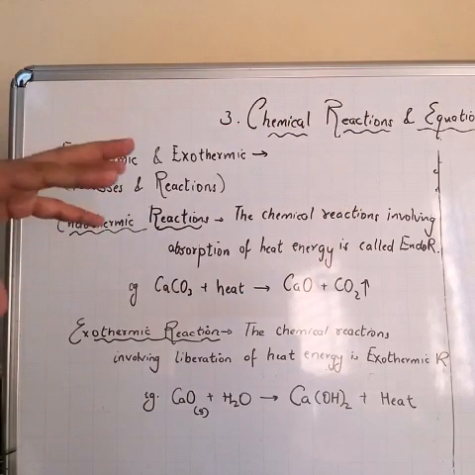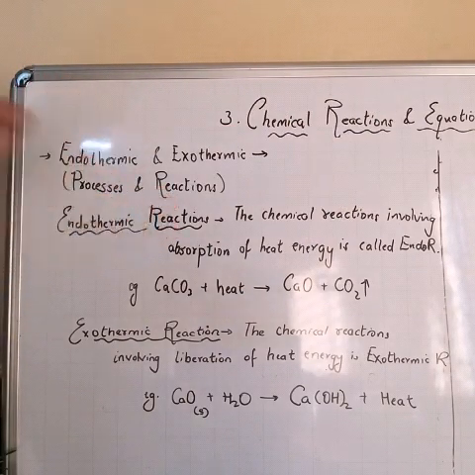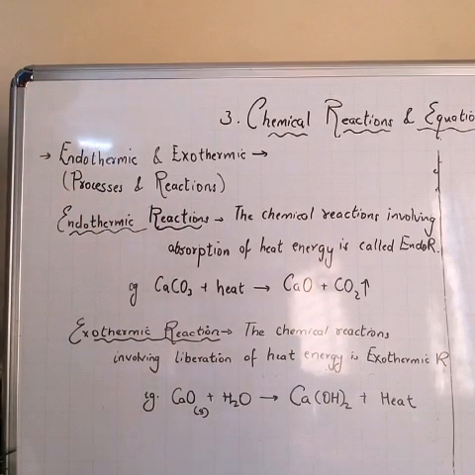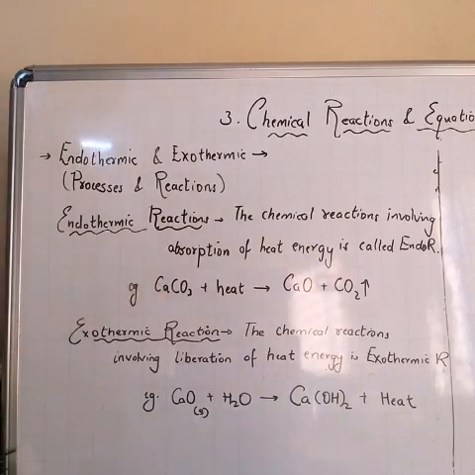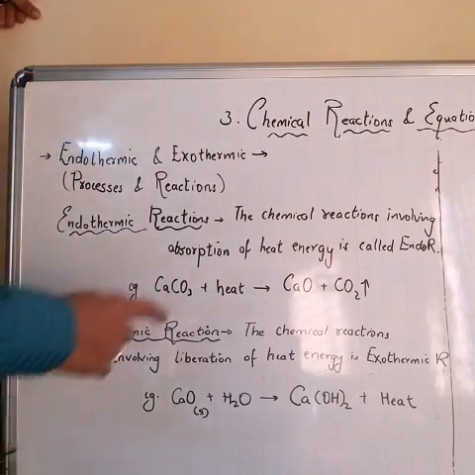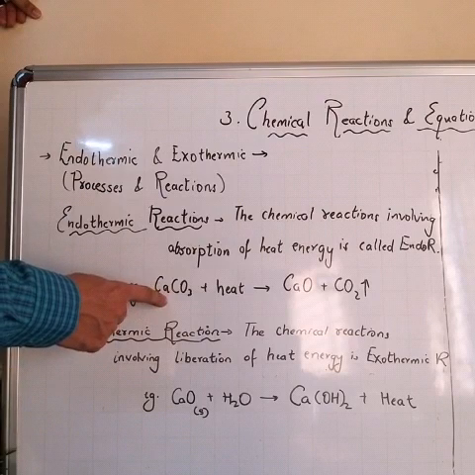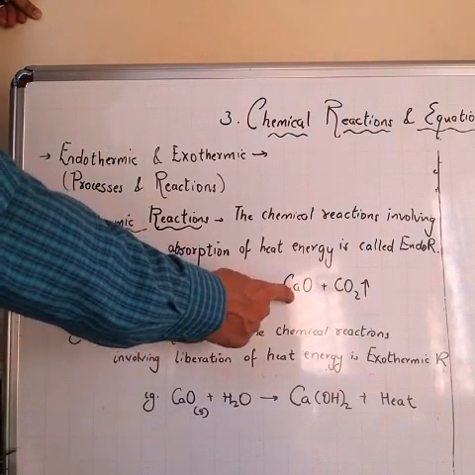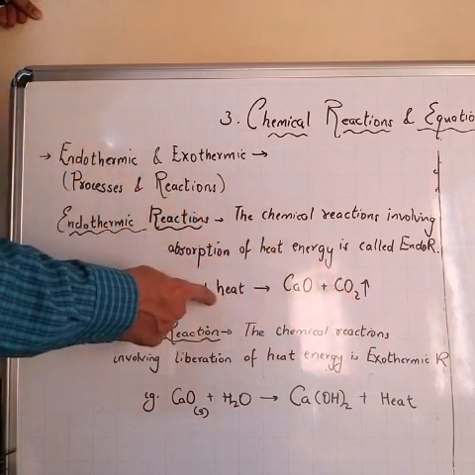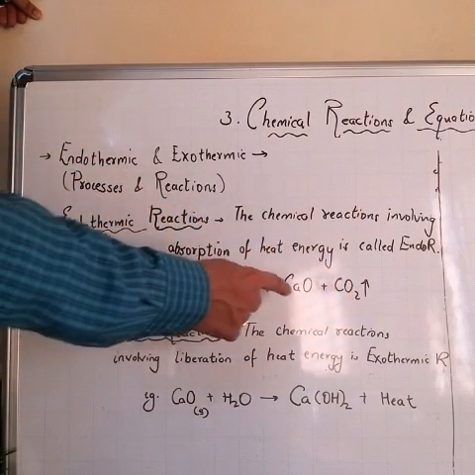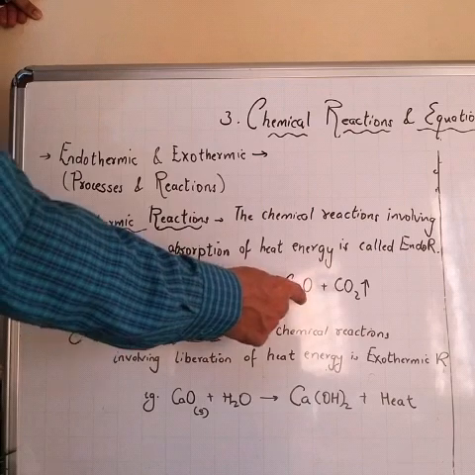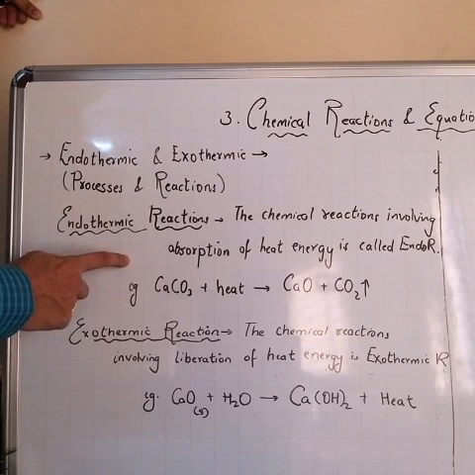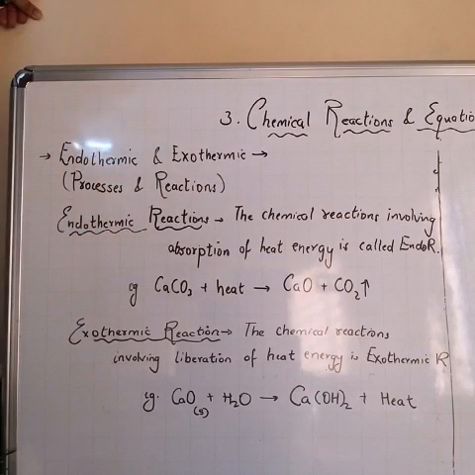That means to carry out this reaction, heat is absorbed, then only the reaction takes place. I already discussed this example earlier in decomposition reactions. When calcium carbonate is heated strongly, it decomposes to give calcium oxide and carbon dioxide. Here heat is absorbed by calcium carbonate and it breaks into calcium oxide and carbon dioxide. It is a balanced equation, and this is a good example of an endothermic reaction.